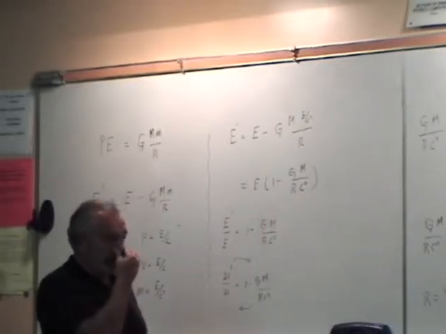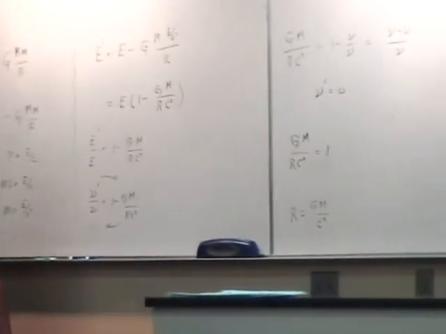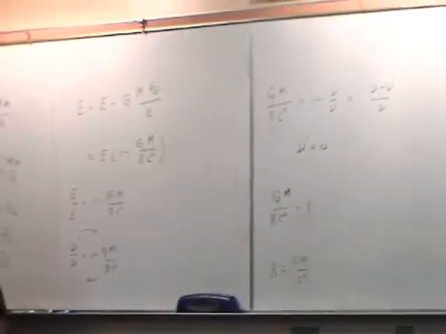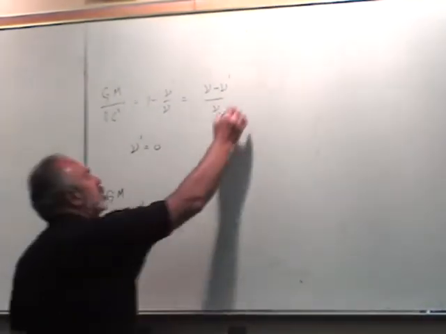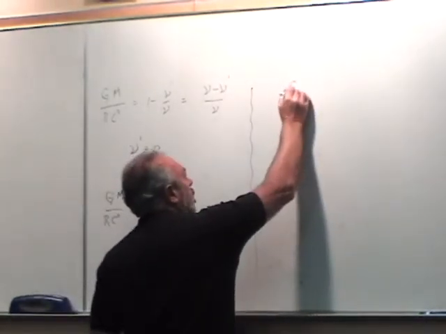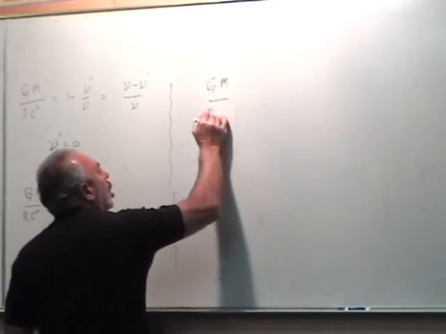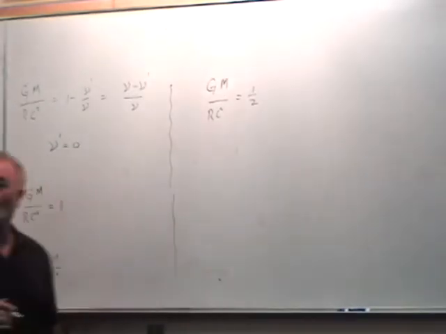And there is a problem here. There's an assumption built in, which I'm not going to fix right now. I'm just going to suggest to you that when we fix the problem, that is, when general relativity is taken into account, actually we have to argue that G M over R C squared equals 1/2, not 1.